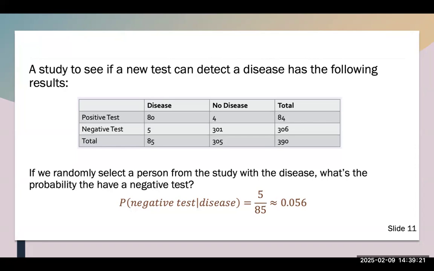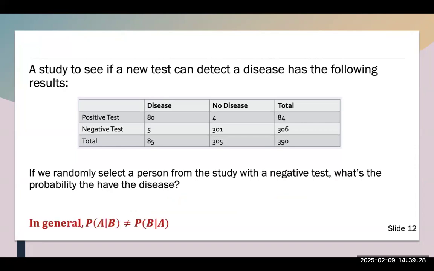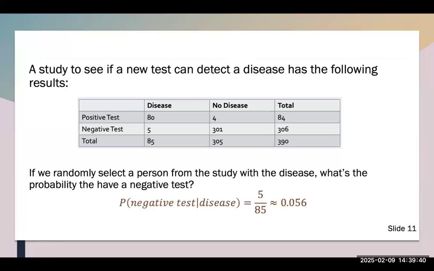So this is conditional probability. In general, the probability of A given B is not equal to the probability of B given A. So flipping them is not always the same. In the past we said, with the disease, what's the probability they have a negative test?